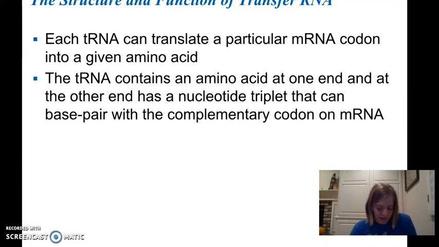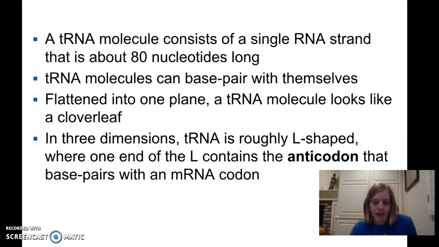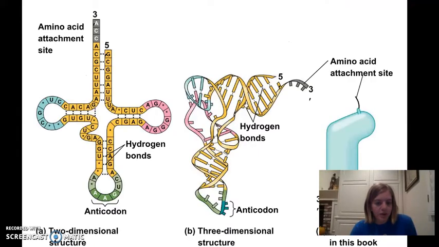They look like a clover if you look at them in a 2D formation, and this is a little bit what a 3D tRNA would look like. They bind to particular amino acids by a covalent attachment at the 3' end of the tRNA molecule. So this is where our amino acid is going to attach.